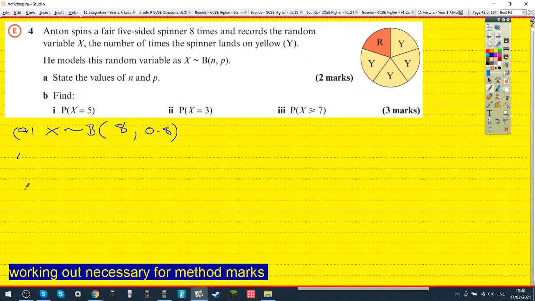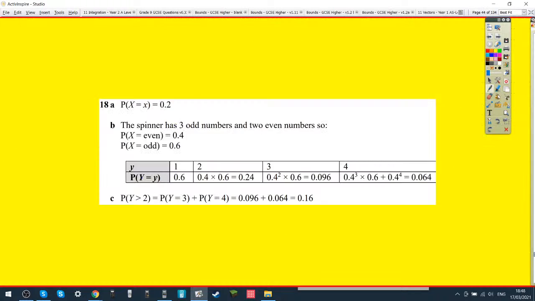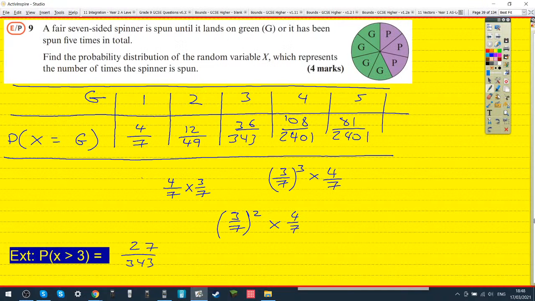Right, what is B part 1? I don't know. Well, we want yellow 5 times and then red 3 times. This one here was like purple, green, that type of stuff.